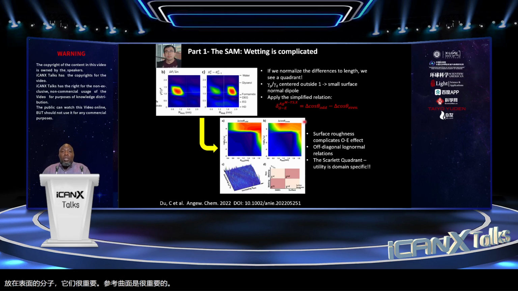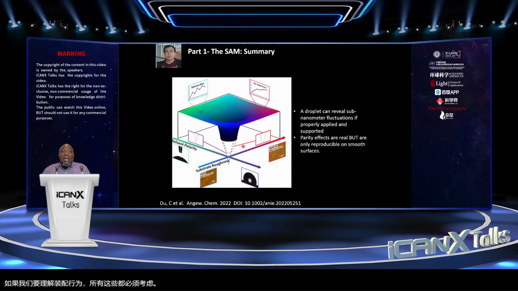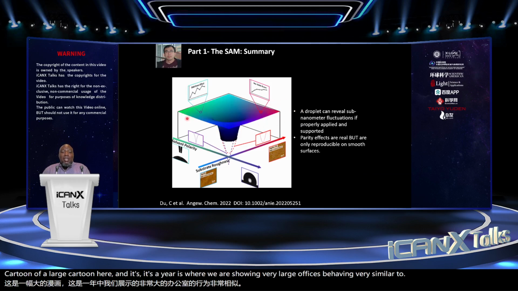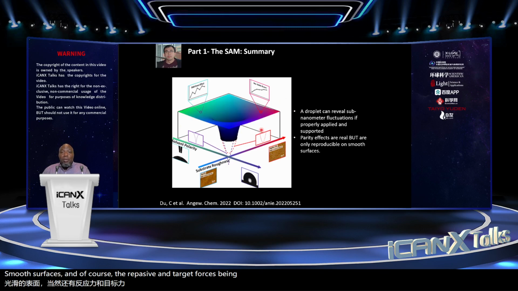And all those things must be considered if we are to understand the assembly behavior. And we summarize this in this very large cartoon here, and it's idealized where we are showing very rough surfaces behaving very similar to smooth surfaces, and of course the repulsive and attractive forces being orthogonal to each other.